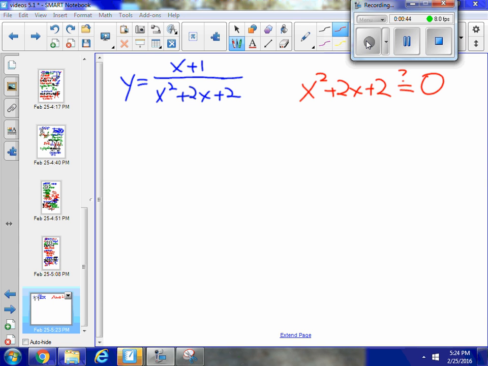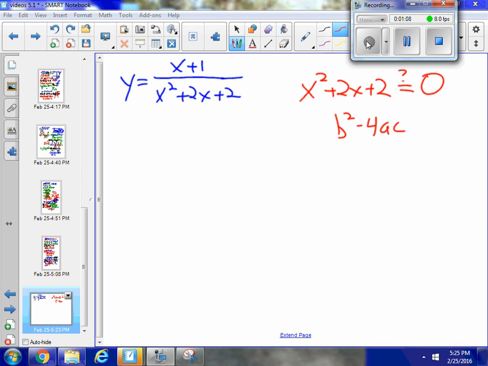So in order to find out if there are any zeros, I'm going to use the quadratic formula. And I always like to start with the discriminant, which is b squared minus 4ac, because that tells me right away whether there are 2 real roots, 1 real root, or no roots. I shouldn't say positive, real is what I meant.